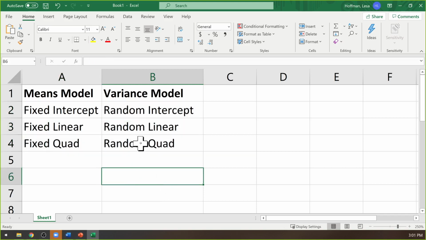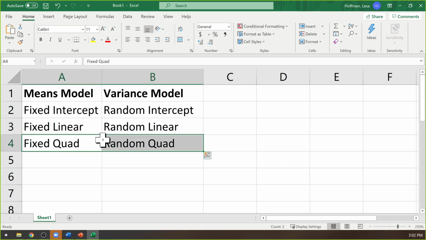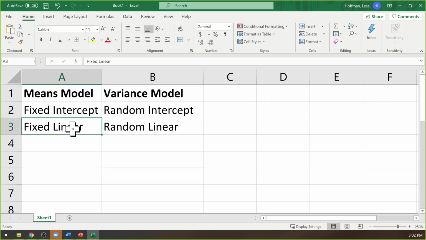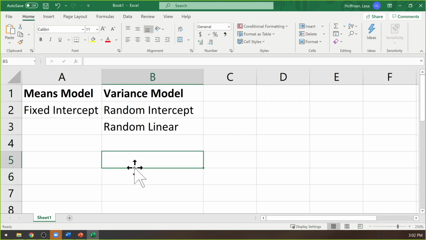So what if I had this? What would I call this? Not a model.